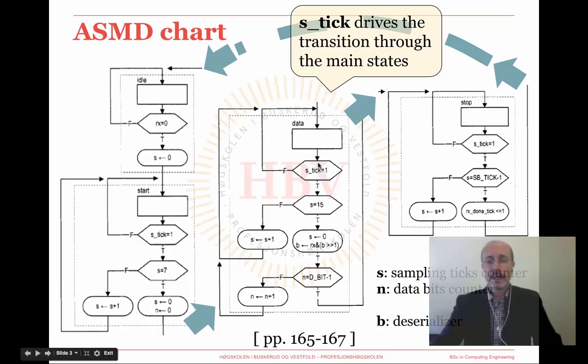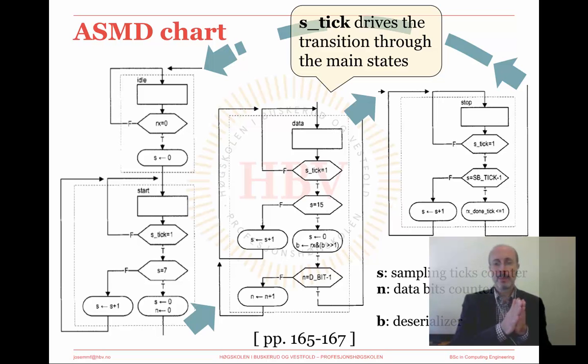In the data state, we again increment the sampling ticks counter for every sampling tick received from the baud rate generator. But now we wait until this counter reaches 15 instead of 7, since we want to go from the middle point of one bit period to the middle point of the next bit period.